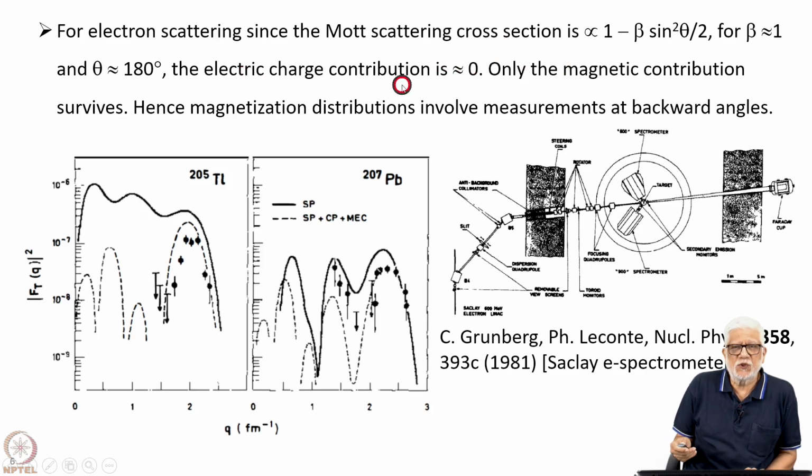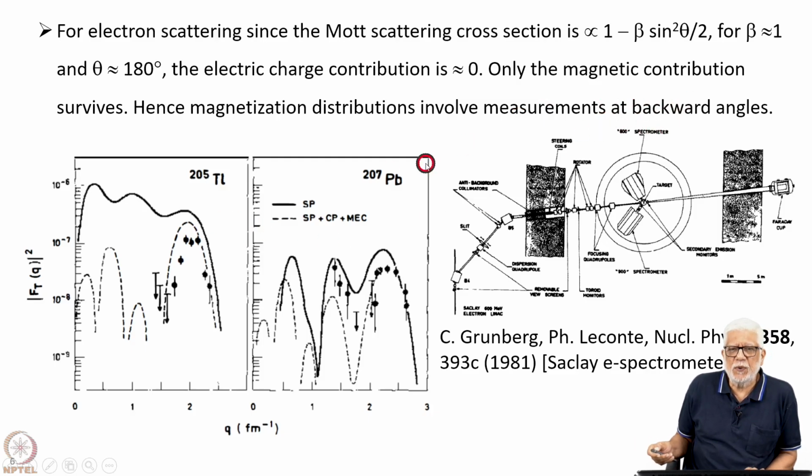However, for the magnetic part, as we saw, because of the extra term which is proportional to tan squared, the cosine squared and cosine squared in the denominator cancel, and so you get a contribution only from the magnetic part. So, if you want to have a handle on the magnetization distributions, you have to do these scattering experiments at backward angle, where the electric charge contribution is close to 0 or at least very small.